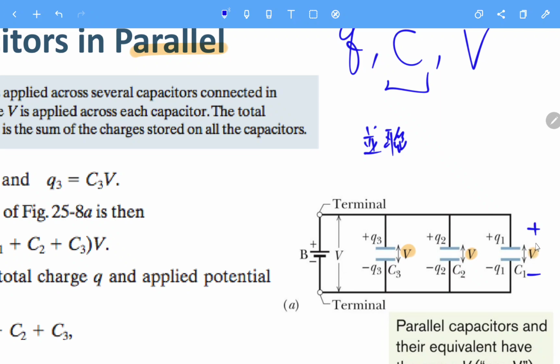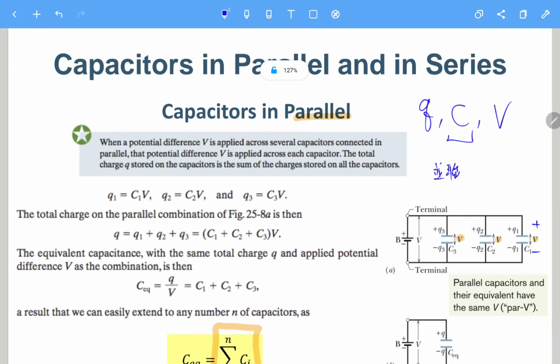To specify, the potential at this node minus the potential at that node is V. So for parallel capacitance, V is the sharing variable. We won't have V1, V2, V3; we always have V.